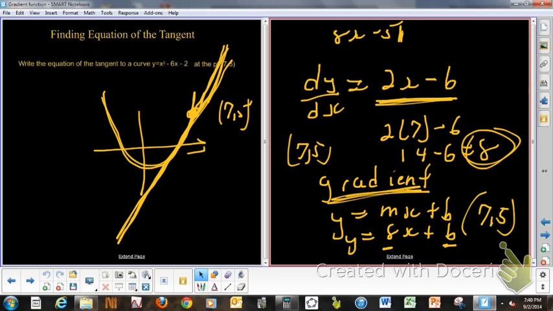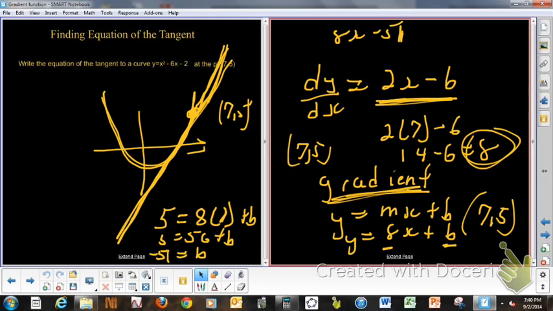So 5 is y, so I have 5 is equal to 8 times 7 plus b. And that's 5 is equal to 56 plus b, so b is negative 51.